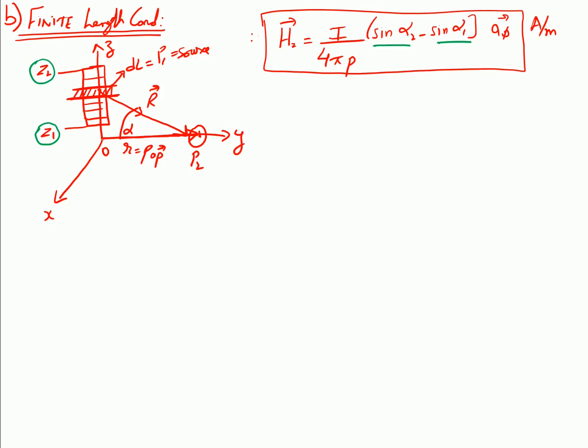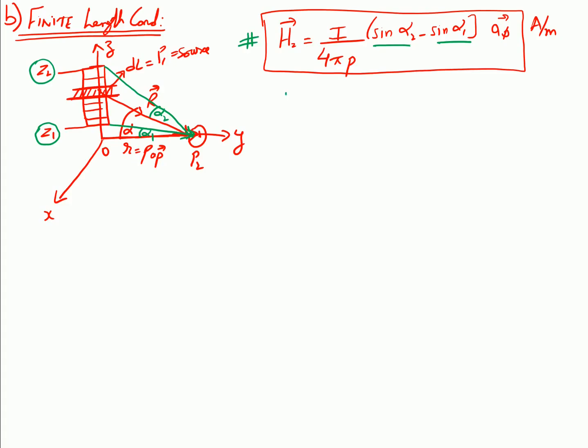If we connect from the lower end towards the point of interest, the angle formed will be alpha 1. So let us say this is alpha 1, and if we connect the higher point to this point, the angle formed will be alpha 2. So from these angles we can solve the equation for finding the magnetic field intensity.